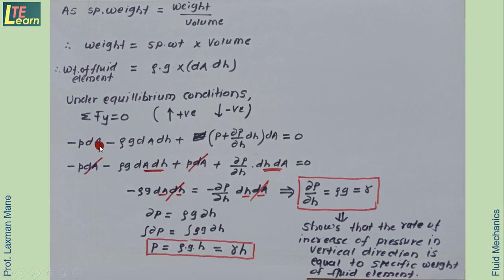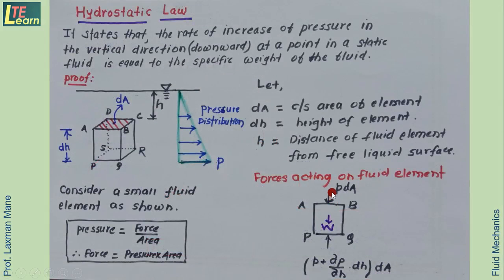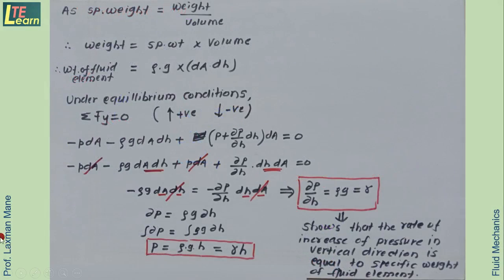As per this diagram, these two forces are acting in the downward direction, so they have a negative sign, and this force has a positive sign. So we have minus P dA vertically downward, minus rho g dA dh, that is the weight, vertically downward, and this vertically upward force is plus.